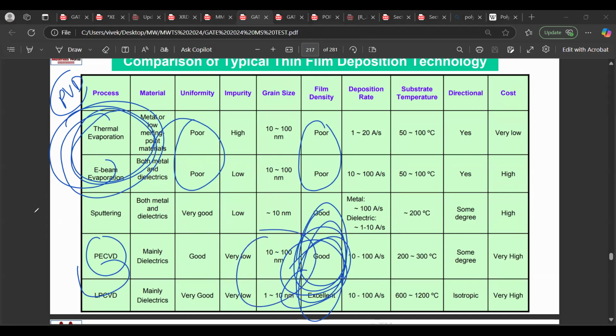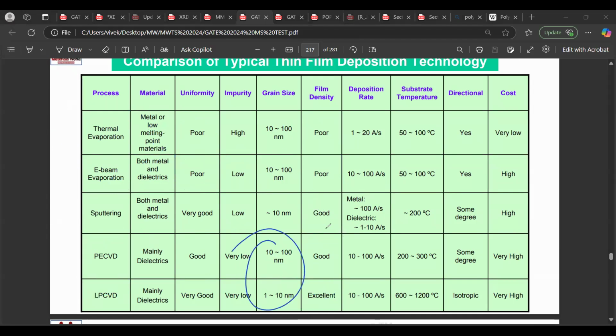Grain size is finer. If the grain size is finer, the material is harder and stronger, do you agree with me or not? Using the Hall-Petch equation, finer the grain size, better the hardness and density.